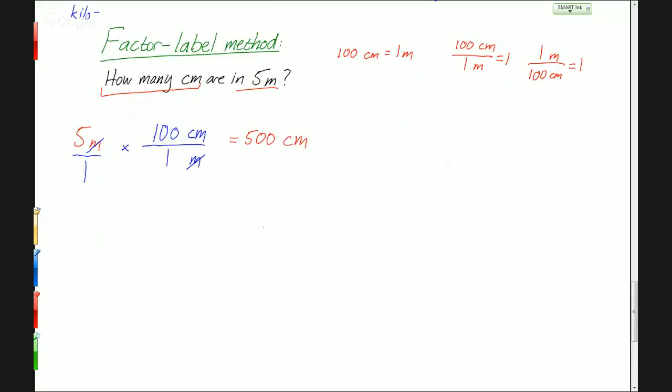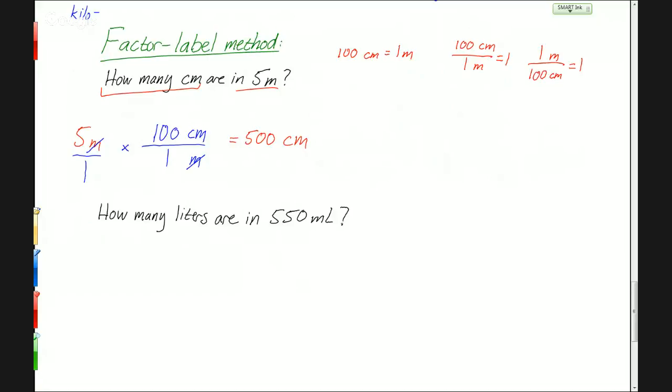So let's practice that. How many liters are in 550 milliliters?